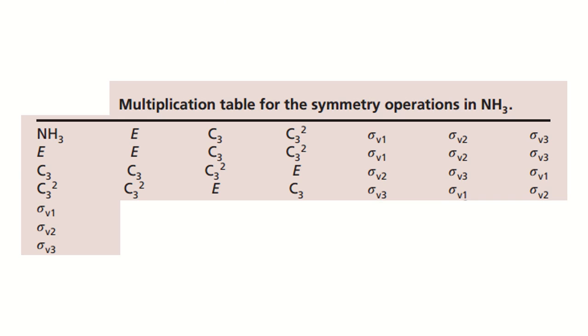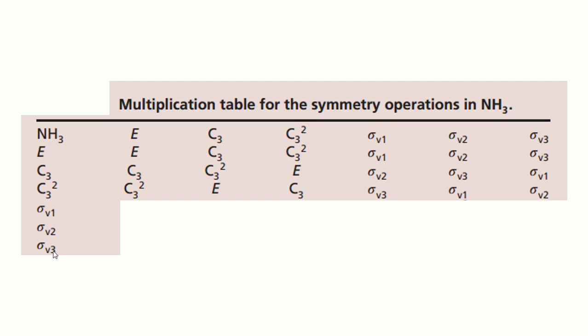Now we have to multiply sigma V3, which is the last operation in this column, with all the symmetry operations present in the row.